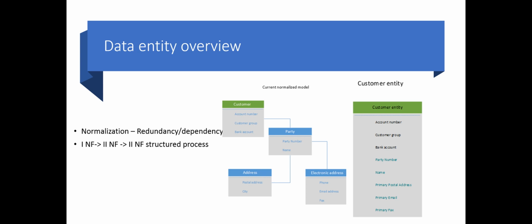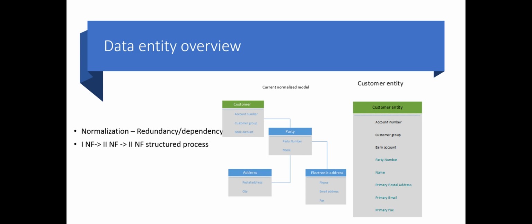So that's the thing that you can see in the middle of this slide. It is the normalized model of customers. You can see it is put in 4 tables. A data entity is the way users see this data, because for the user it doesn't really matter which table holds the data.